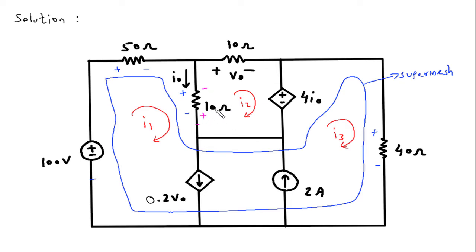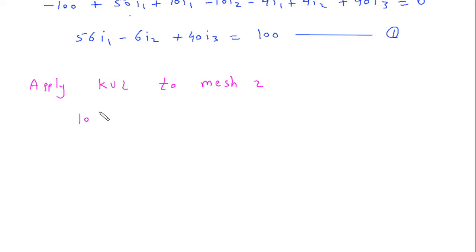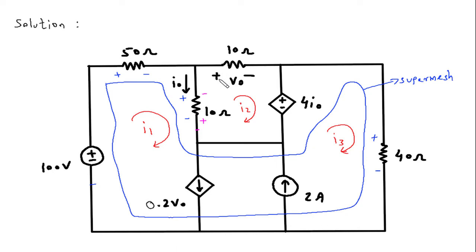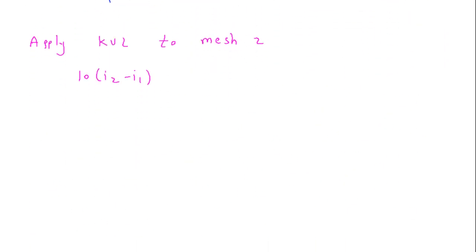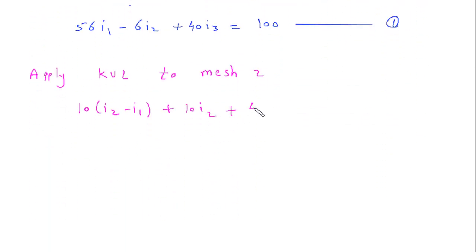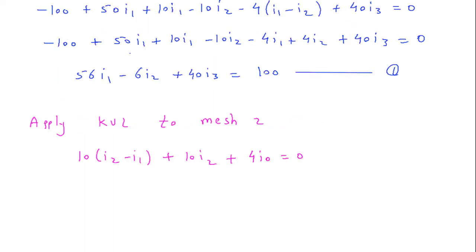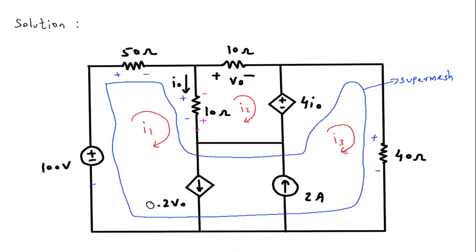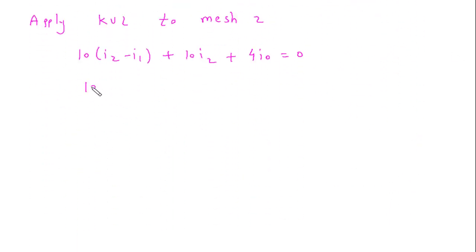So plus 10 (I2 minus I1) plus 10 I2 plus 4 IO is equal to 0. So this will be 10 I2 minus 10 I1 plus 10 I2 plus 4 IO.